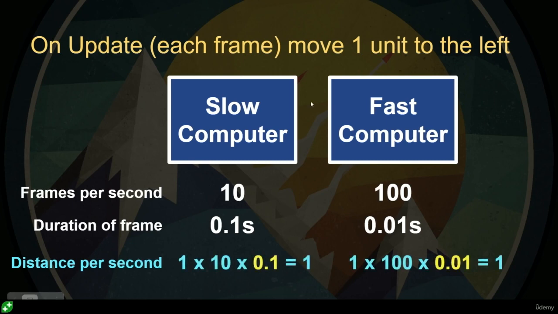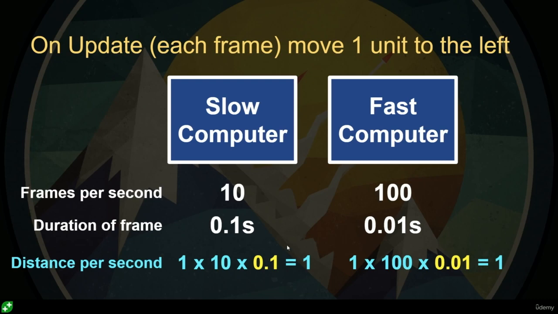So the distance per second, remember we're saying move 1 to the left every single frame, and we're doing 10 frames per second. If we multiply by 0.1, in other words, how long is a frame, we get a value of 1. It'll move 1 to the left. If we're saying in a fast computer, 1 frame, and we're doing that 100 times per second, then we need to multiply that by 0.01 to continue to get our 1 unit.